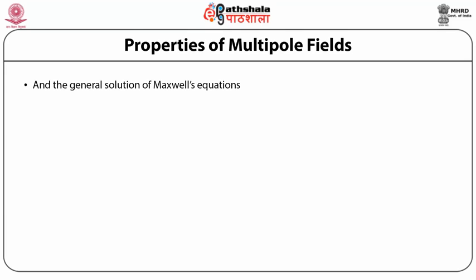And the general solution of Maxwell's equations is H vector equals summation over LM of a_E(L,M) f_L(kr) X vector_LM minus i by k a_M(L,M) del cross g_L(kr) X vector_LM.